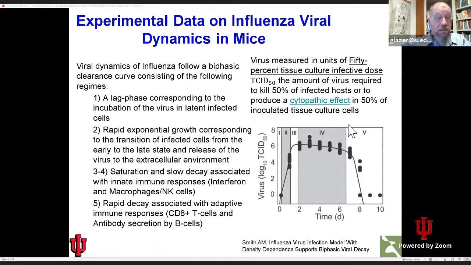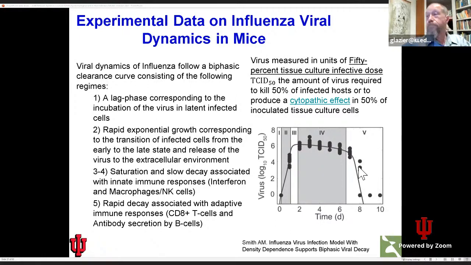And the estimates are not very accurate. So with all of that said, this is an experiment that's not so easy. In addition, mice don't get influenza very easily. And so to get your mice to get flu, you have to work at it. And so that may not be quite representative of what happens in humans that get flu more easily.